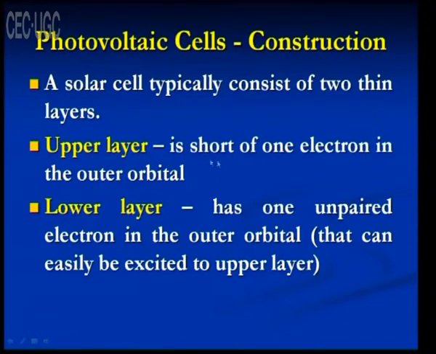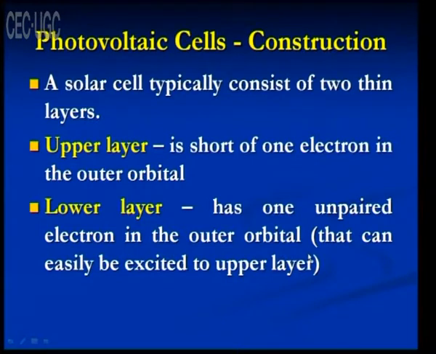Essentially, the upper layer is short of 1 electron in the outer orbital of the atoms present in the upper layer, whereas in the lower layer, the atoms have 1 unpaired excess electron in the outer orbital, or valence electron, available to undergo excitation.